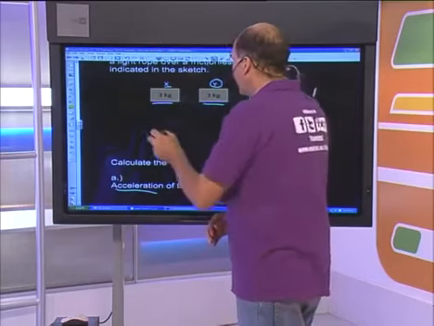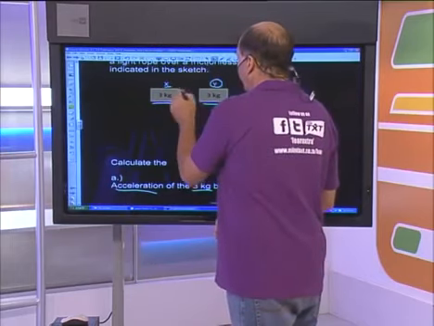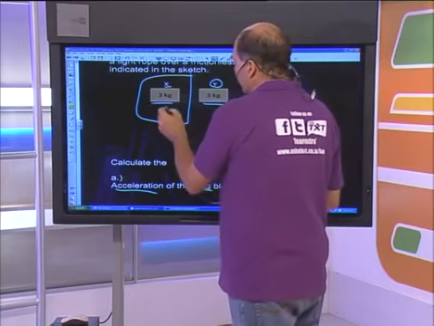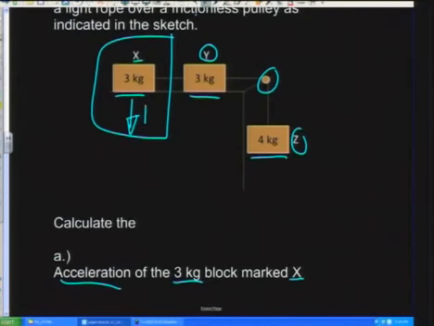When you get a problem like this, please draw a diagram or take note of the diagram so that you can see what all the forces are that are acting on this object. Now, we're only interested for the block X in the horizontal forces. Yes, I know that there is a force downwards and there's the normal force that acts opposite, but those aren't going to help us accelerate.